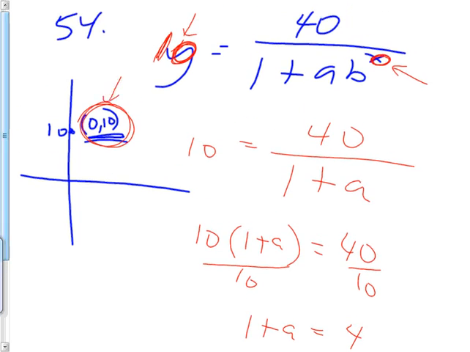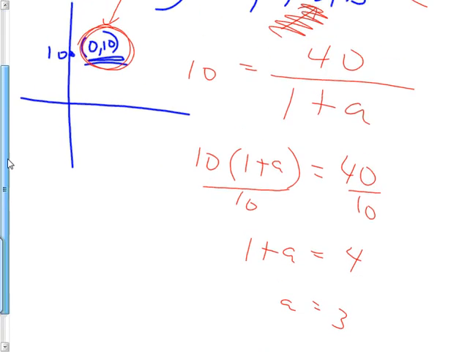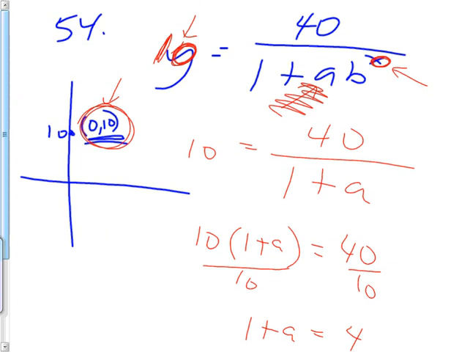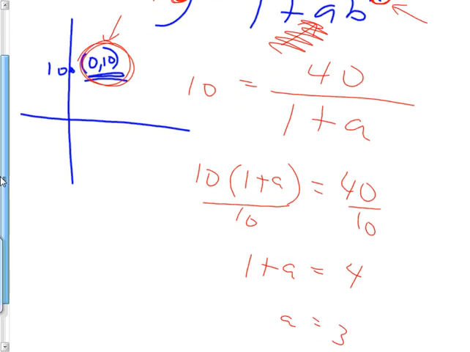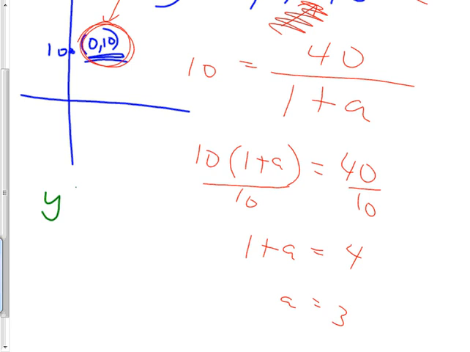Again, this is not 10. Instead, I figured out A was 3 after all that. So then I start the problem effectively over again, and I go y equals 40 over 1 plus, and this time I know A. A is 3 times b to the x.